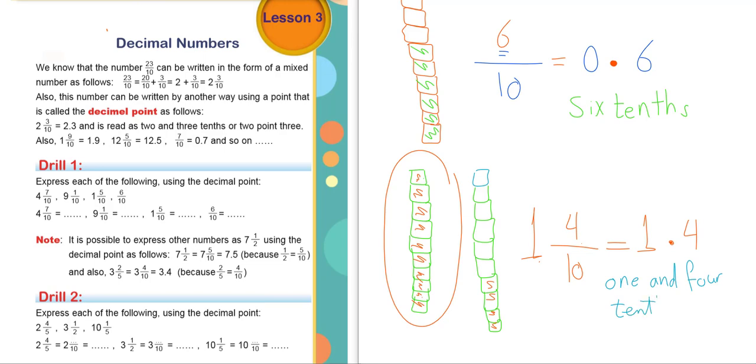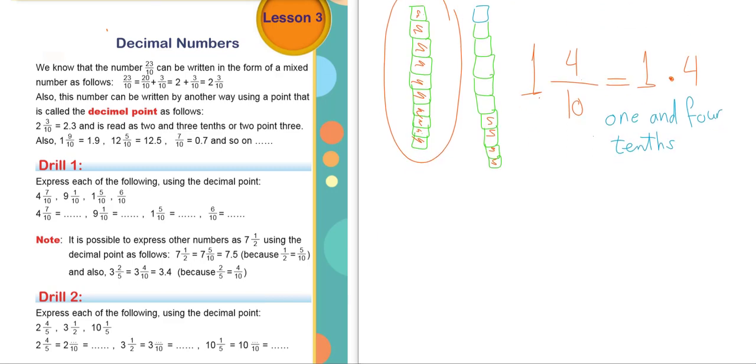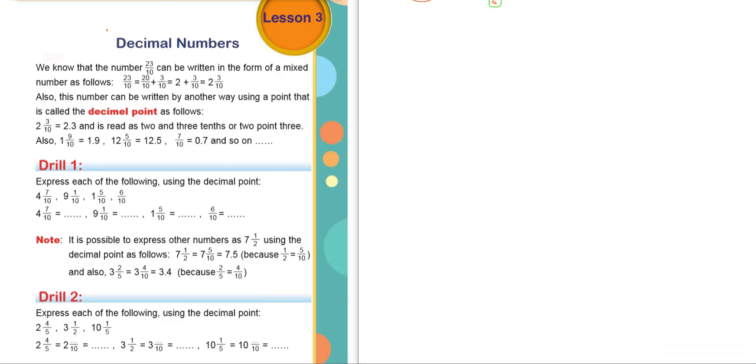Or we can call this and this another way: 0.6, and here 1.4. So here we have 1.9. This is the whole number. This is the decimal point.